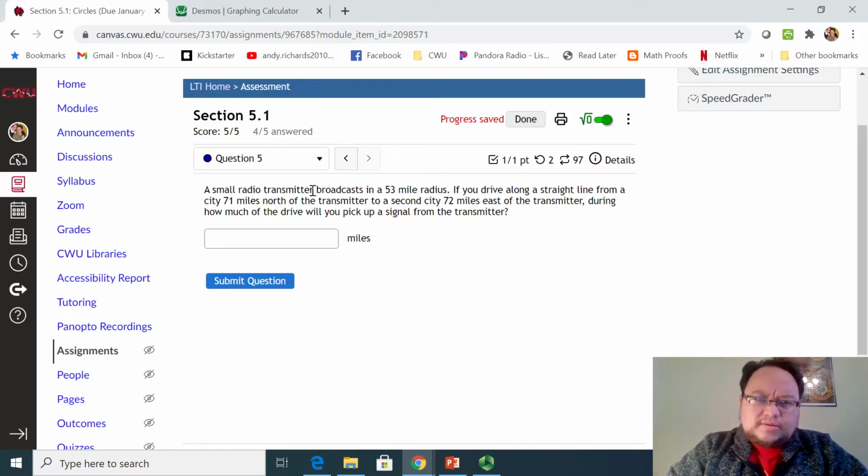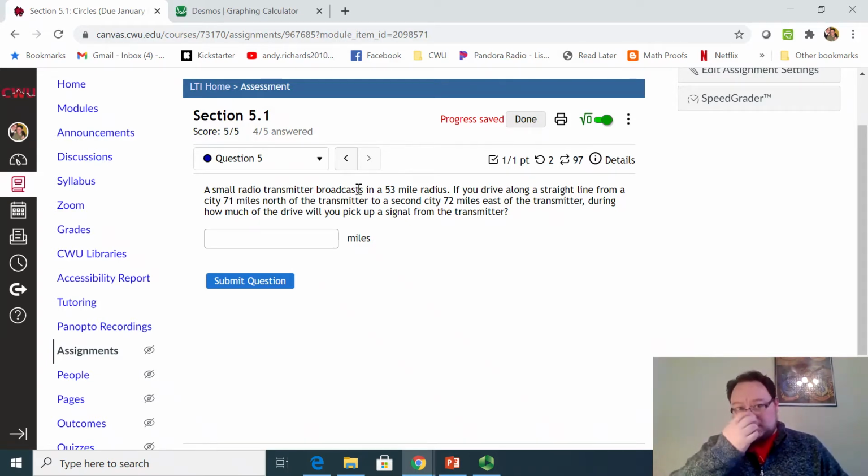In this problem, we have a radio transmitter that broadcasts a signal that is 53 miles across. So it's a circle whose radius is 53 miles. There is a city that is 71 miles north and a second city that is 72 miles east, and there is a road that is a direct connection between the two of them.